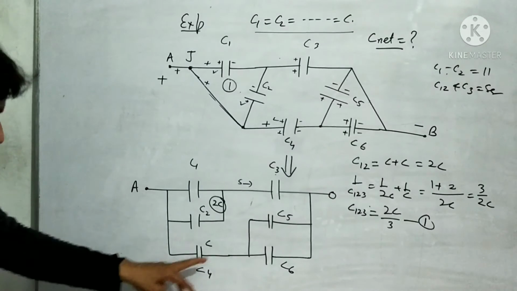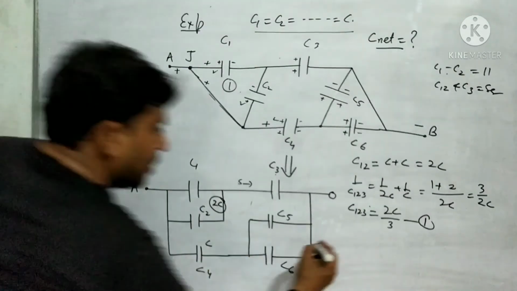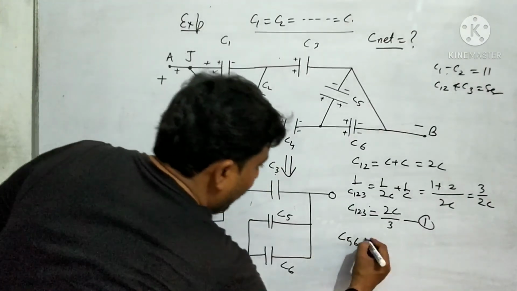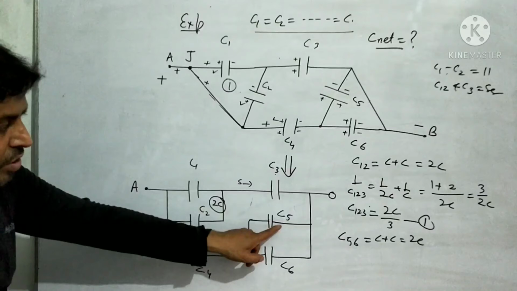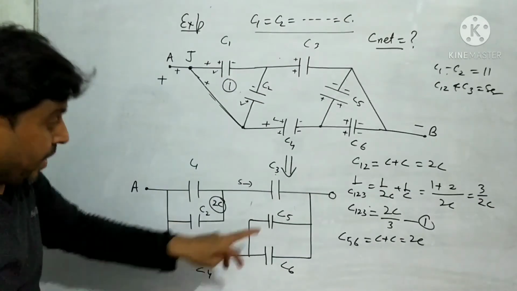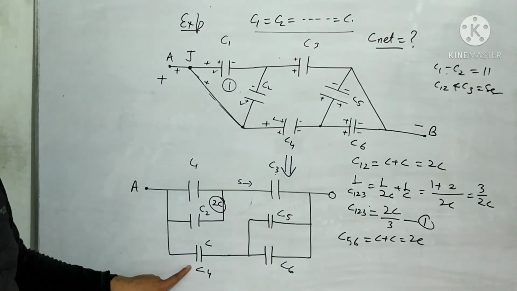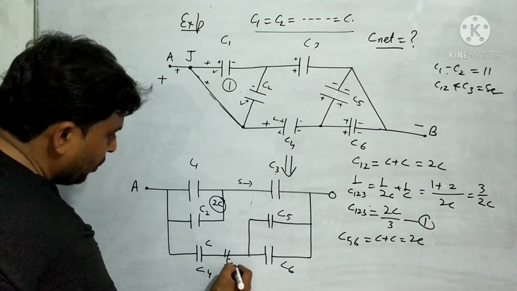Same thing from here: C5, C6 are in parallel. For these, C plus C will again be 2C, because it is the same capacitance C. And this combination connects with C4 here in parallel, sorry, in series. It is also series.